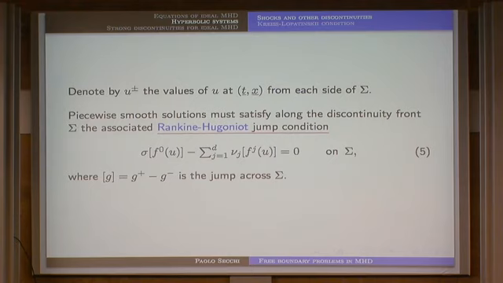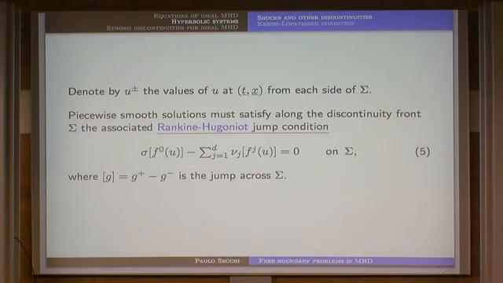Now we take piecewise smooth solutions, which means solutions which are smooth on the two sides of the space obtained from the introduction of sigma. Along the discontinuity front sigma, a solution, in order to be a weak solution of the system, must satisfy the so-called Rankine-Hugoniot jump conditions, which are these here, where the square bracket denotes the jump.